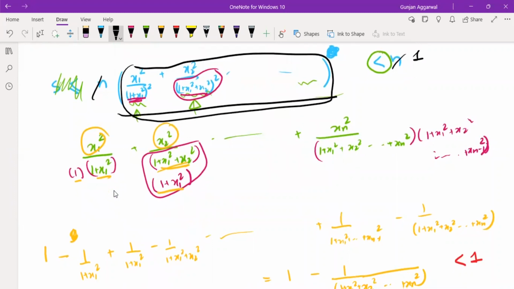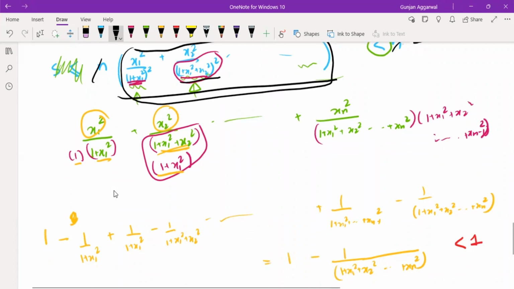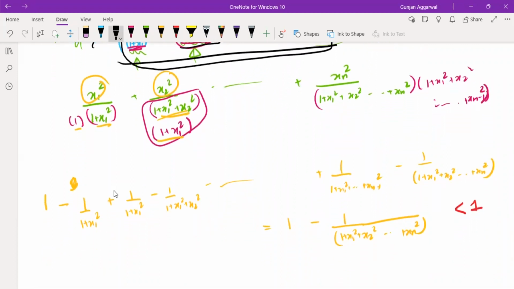And then we know that if we increase the denominator of something, the number decreases, and if we decrease the denominator, then the number increases, as long as the other things like the numerator stay constant. So we decrease the denominator of each of the terms by a factor of xi squared. We remove one xi squared in the denominator, and then we form a telescoping sum, and we get that it's less than 1.